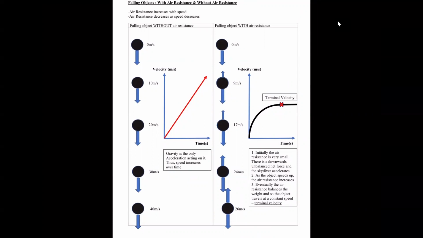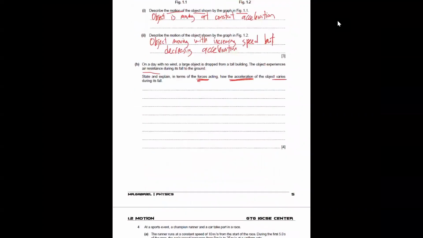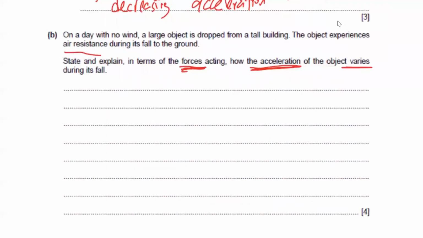So, hey, wait a minute. Now that I look at it, did you copy everything down from here? Yeah, at least you were right. Yes, very good. This is exactly what you're supposed to write, guys. You're supposed to say that initially.